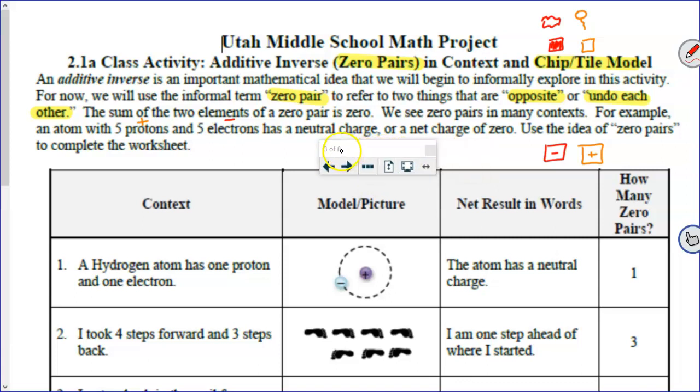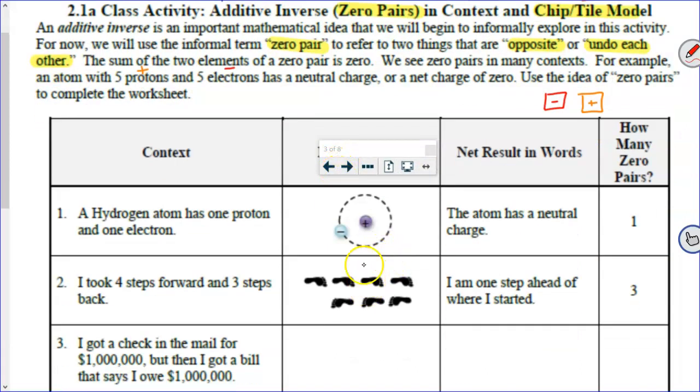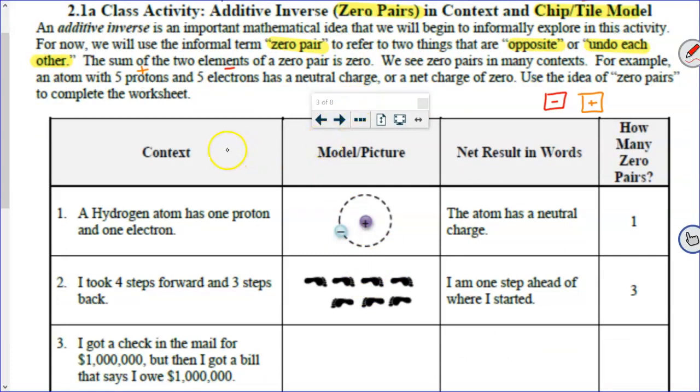With that in mind, I want you to go through these. I'll go through the first two that are worked out, but I want you to try and work out the rest without any extra help. The context or the story is a hydrogen atom has 1 proton and 1 electron. So you can see that they have drawn a model of an atom. The proton is in the nucleus, it's in the center. The electron is floating around the outside, but 1 and 1.